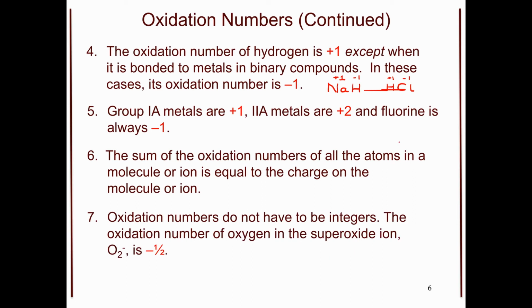And finally, for rule 7, the oxidation numbers do not have to be integers. The best case of this is what we call superoxide, which is O2 1-. This means that we must separate the -1 charge over 2 atoms, and that is how you'll get -1/2. This is one of the rare examples in which you will see this.